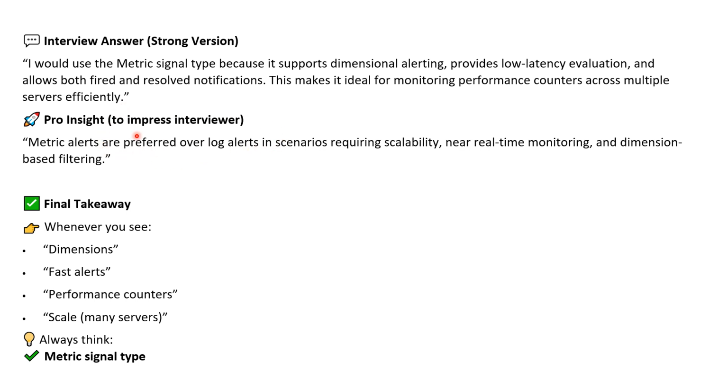To impress the interviewer, you can say this. So what is the final takeaway? Whenever you see in the exam dimensions, fast alerts or performance counters, and many servers involved, you should always think of metric signal type. So this is the final answer.